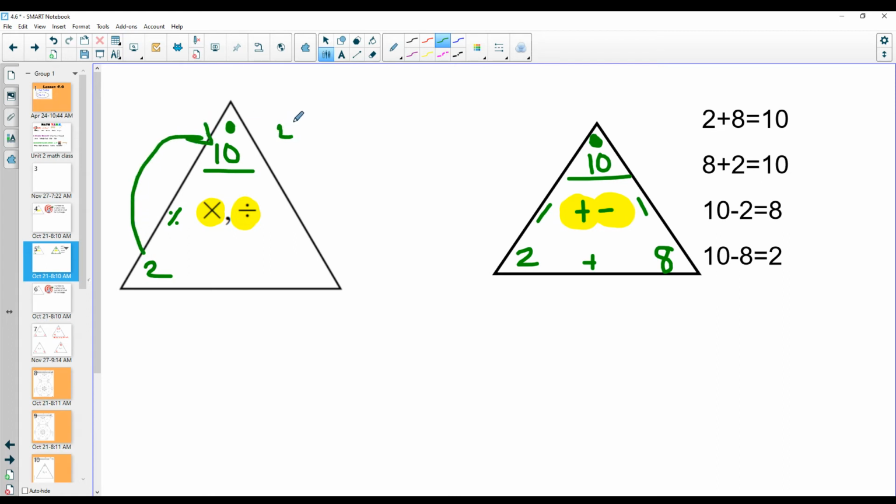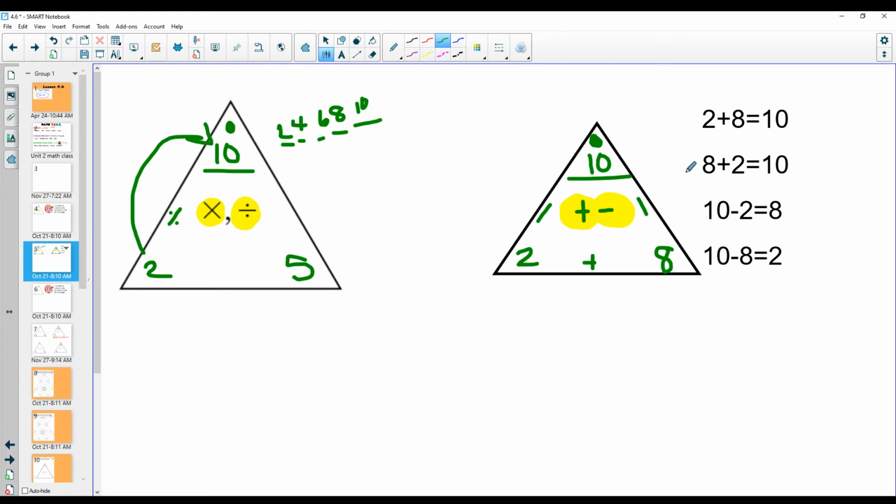Ready? 2, 4, 6, 8, 10. How many times? 1, 2, 3, 4, 5. Now we found our other missing factor. We divided to get to the 5. We counted by 2 until we got to 10. Now I have all of my numbers.